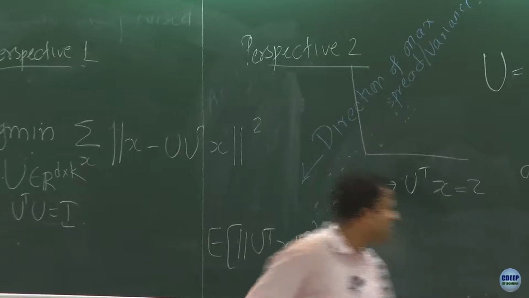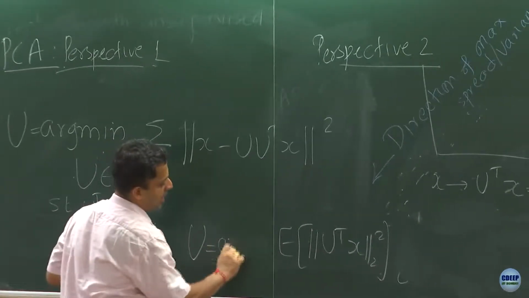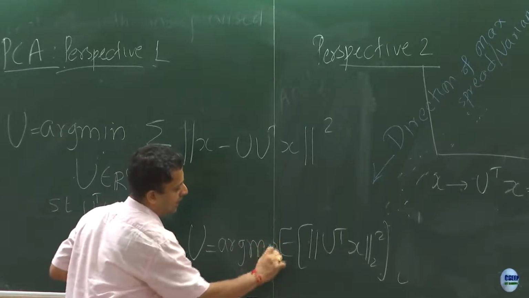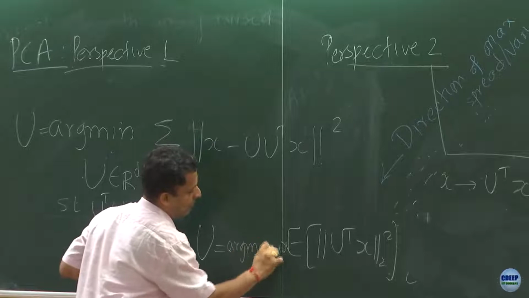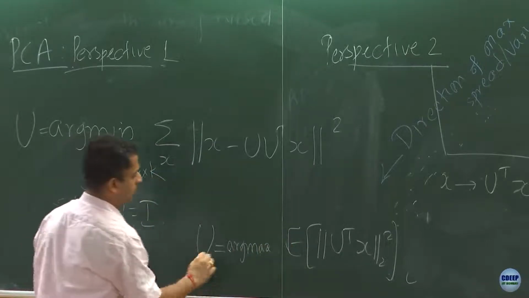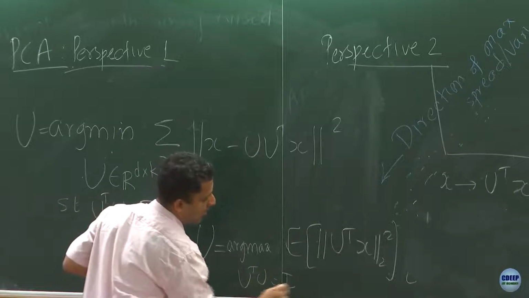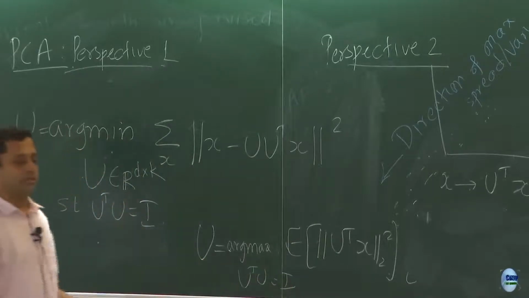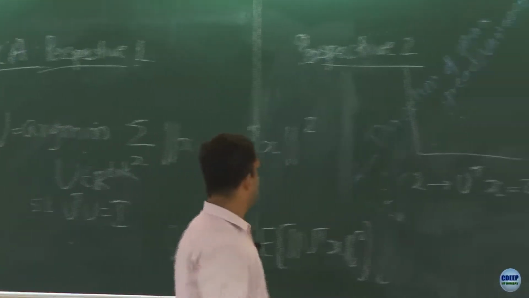So now we are saying that this U will basically correspond to the arg max over all possible other U's, and so on. You have to do this progressively.